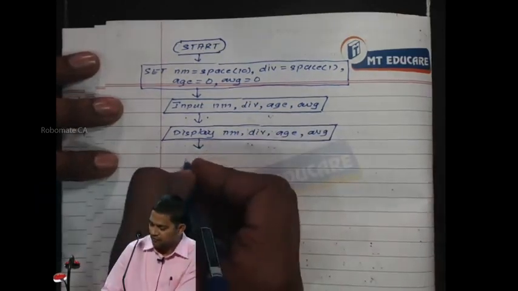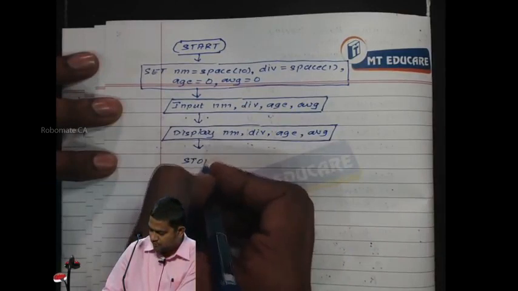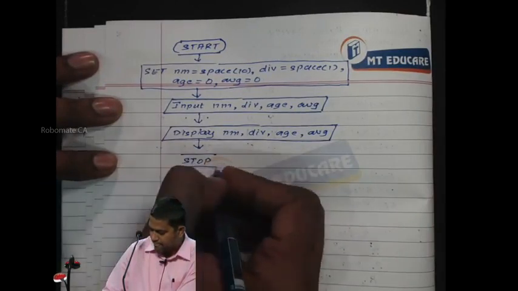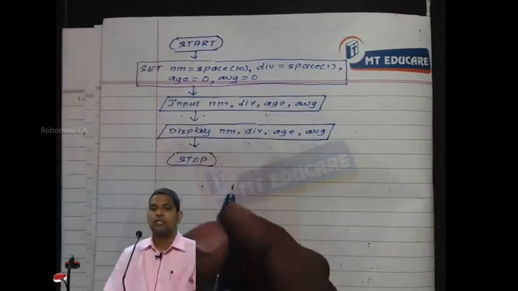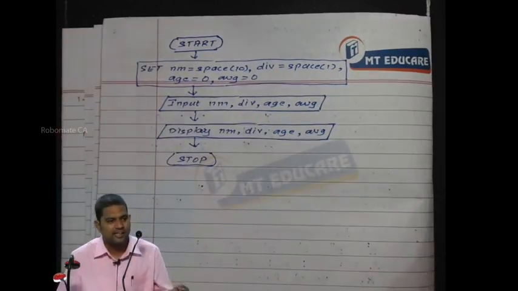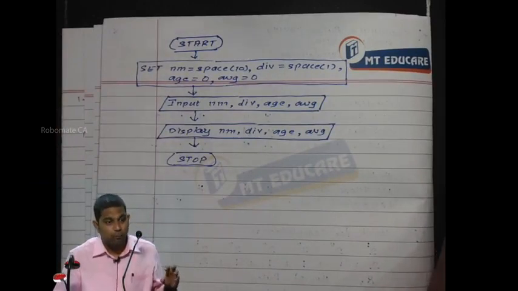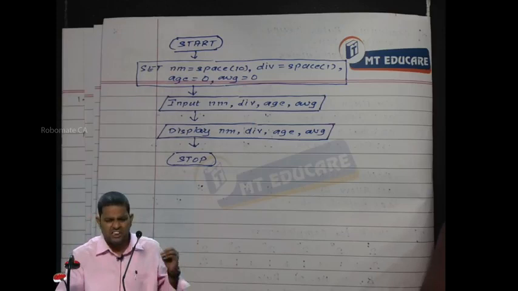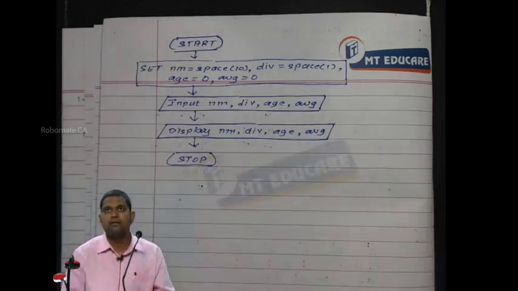And once it is done, we will say stop. Got this? Very simple. It is simple because it has only input and output. We will be seeing some very complicated flowcharts. Decision making, looping, everything will come. For the time being, take this down.